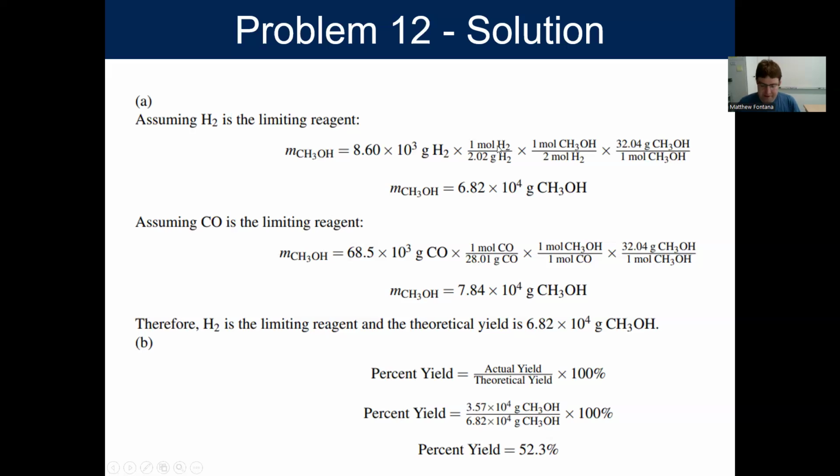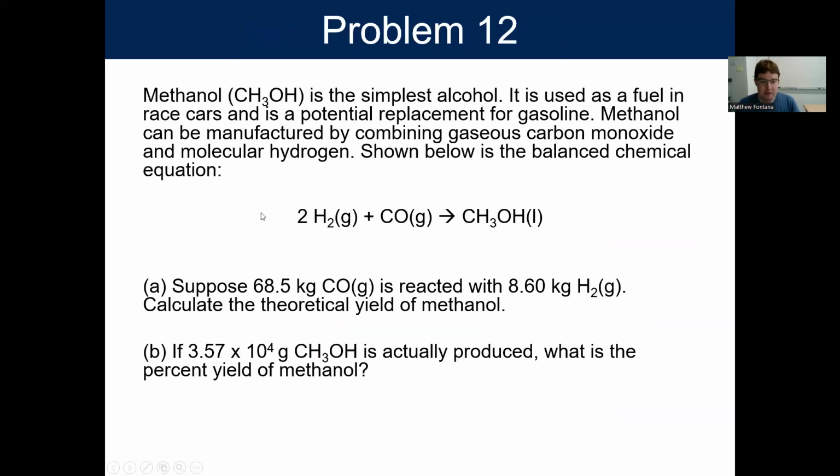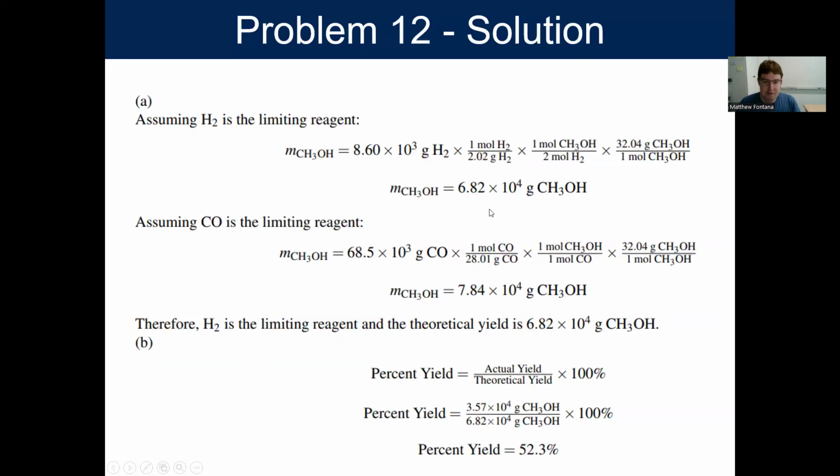And then what I can do here is look at the chemical equation and see that there's a 2 to 1 mole ratio of H2 to methanol. Because there's a 2 to 1 ratio of molecular hydrogen to methanol, I can cancel out my moles of H2 and move into moles of methanol.